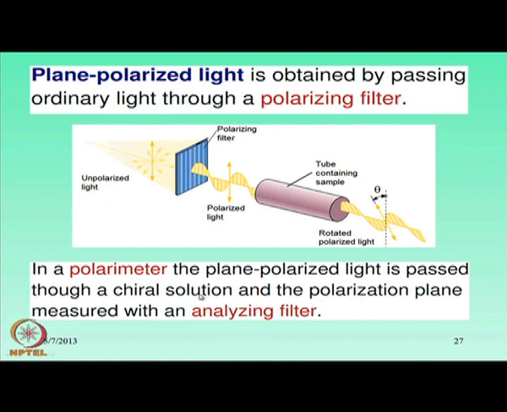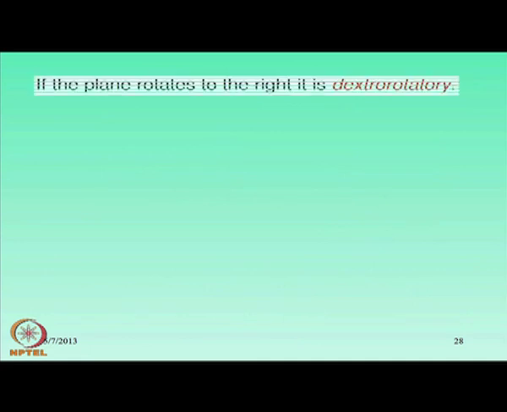So, the molecule which is chiral, we make the solution, and the plane polarized light is passed through it, and we monitor through the analyzing filter, which measures the amount of rotation with respect to the plane of polarization originally present.